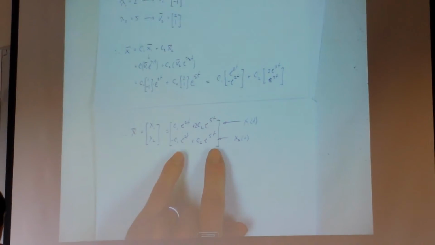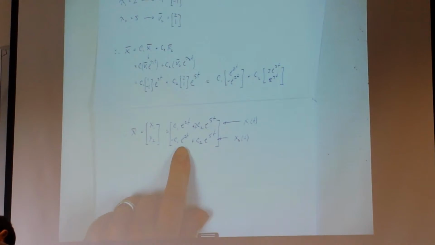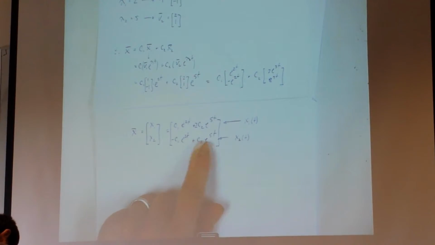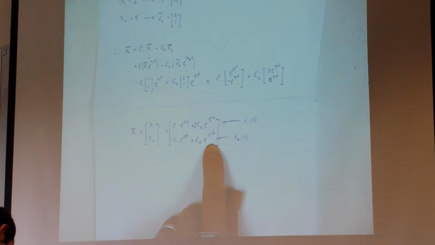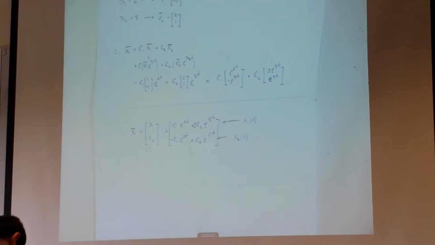And they look a lot like the form that we found before, e to the rt, where these are solutions to a different characteristic equation, according to the eigenvalues of the matrix. Okay.